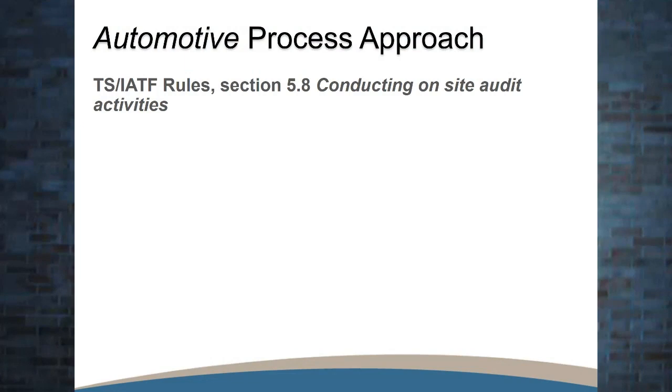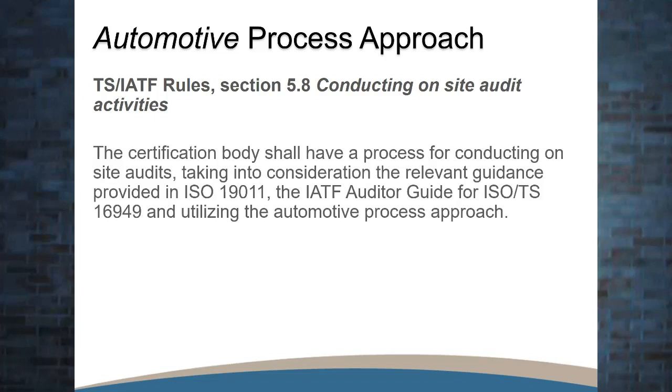The automotive process approach, as defined in the IATF rules, section 5.8, conducting on-site audit activities, is defined in the following. The certification body shall have a process for conducting on-site audits, taking into consideration the relevant guidance provided in ISO 19011, the IATF Auditor Guide for ISO TS 16949, and utilizing the automotive process approach.